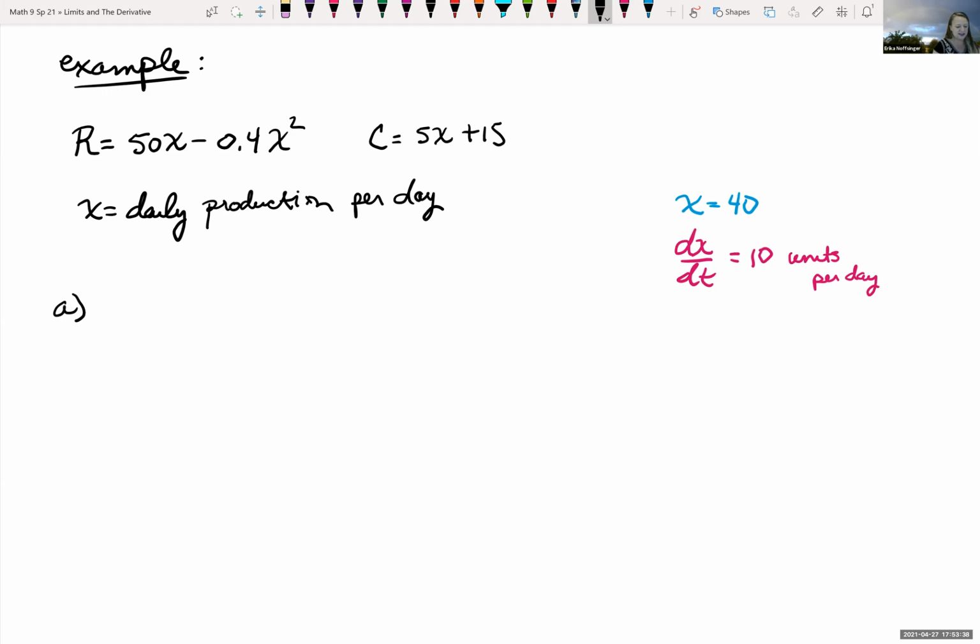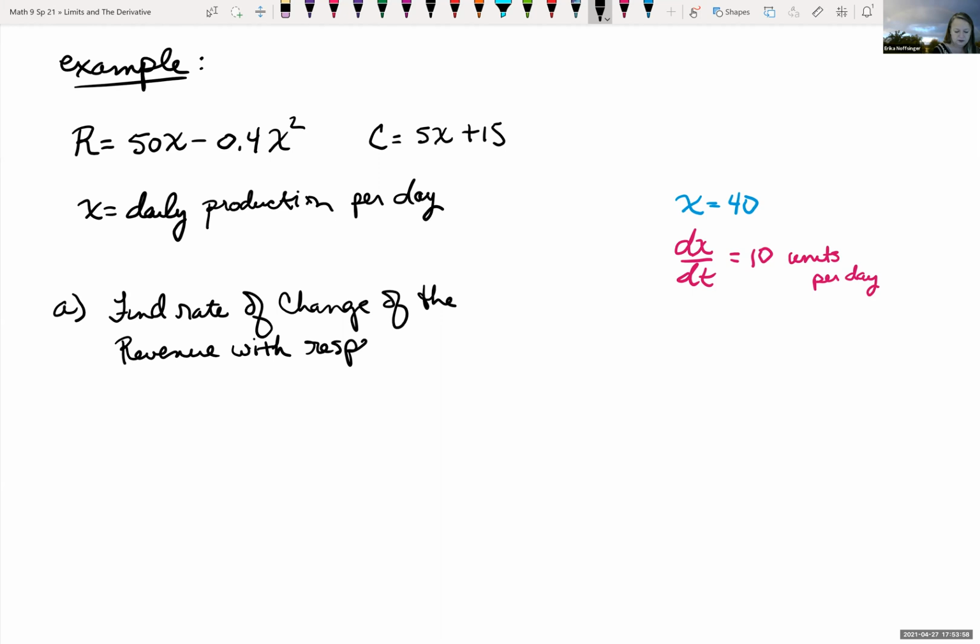So part A is find the rate of change of the revenue with respect to time. So in this case, we want to find dR/dt.